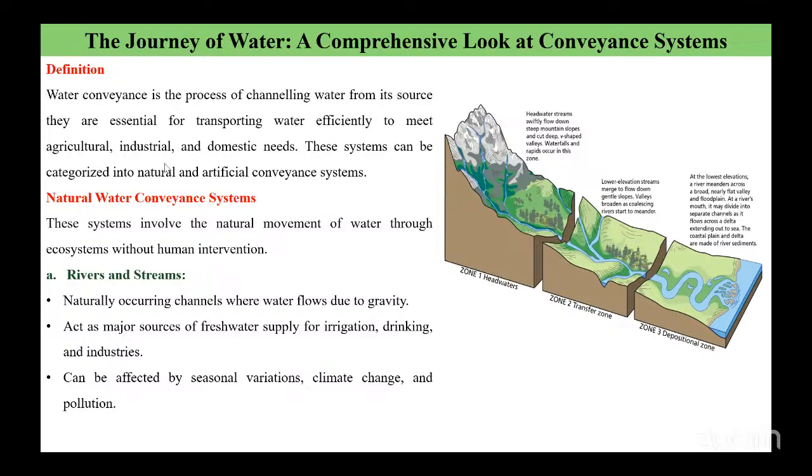Water conveyance is the process of channeling water from its source, which is essential for transporting water efficiently to meet the agriculture, industrial, and domestic needs. These systems can be categorized into natural and artificial conveyance systems.